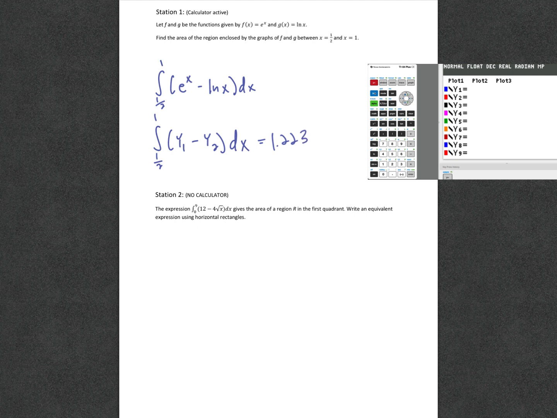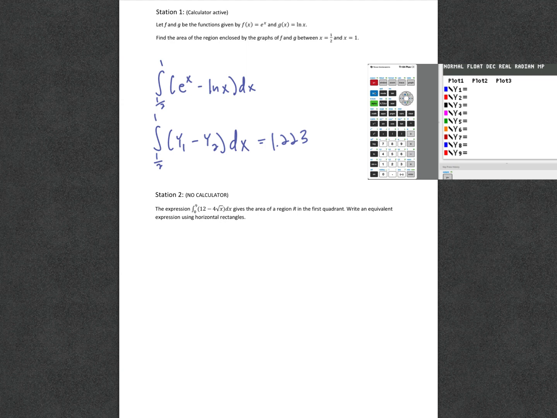Okay, so next one. No calculator for this one. They say the expression, the integral from 0 to 9 of 12 minus 4 root x dx gives the area of a region R in the first quadrant. Write an equivalent expression using horizontal rectangles.